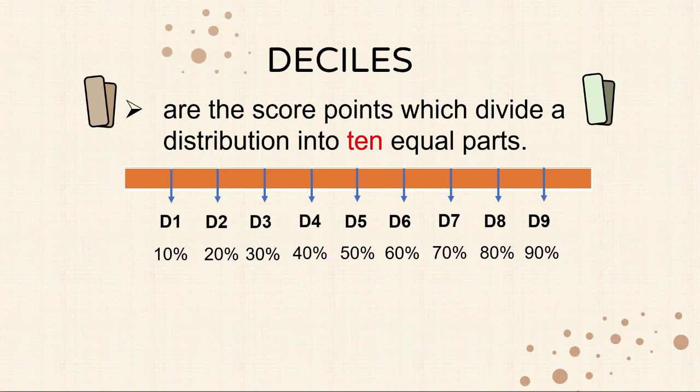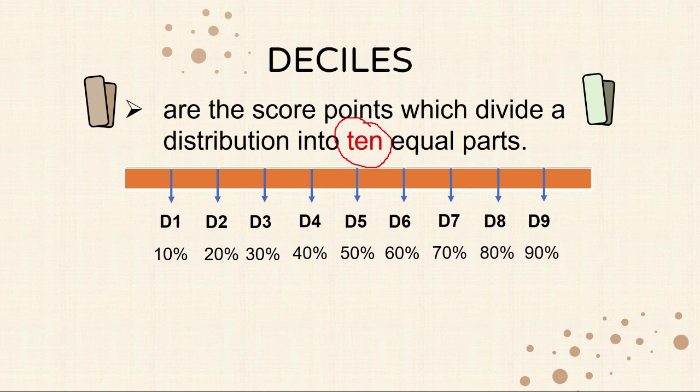Next are the deciles. The deciles are the score points which divide a distribution into 10 equal parts. A while ago, quartiles divide a distribution into 4 equal parts.